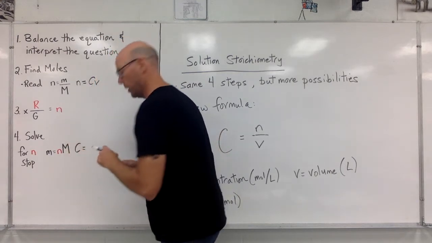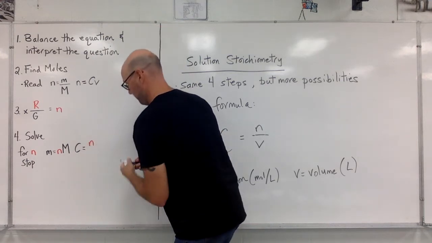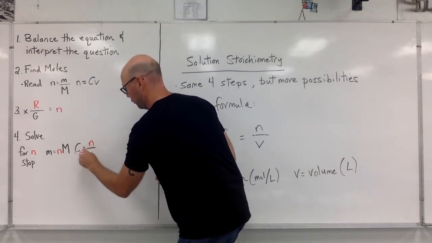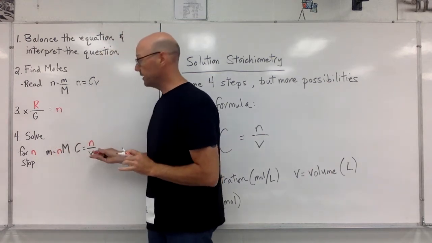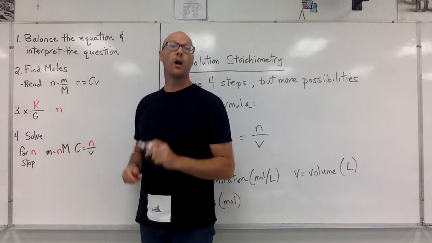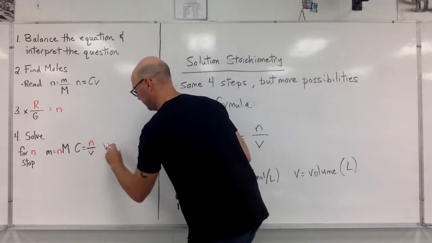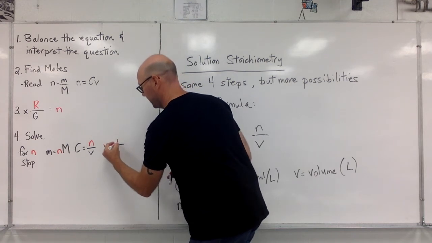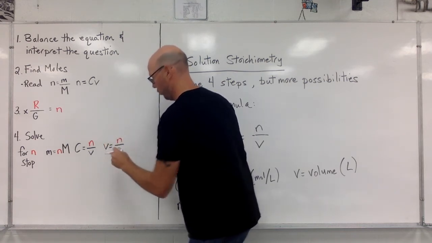C equals, but now it's that red n over V. Likewise, our solving step might have us solving for the volume. The volume is the n over C.